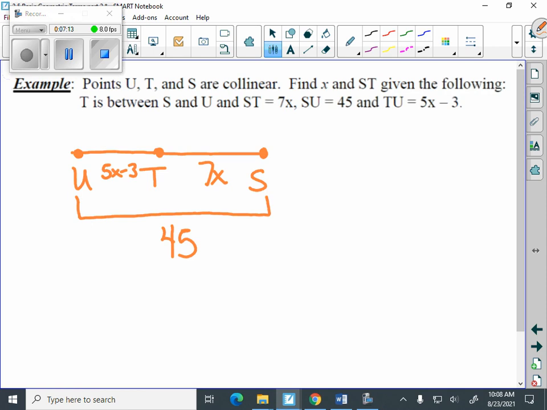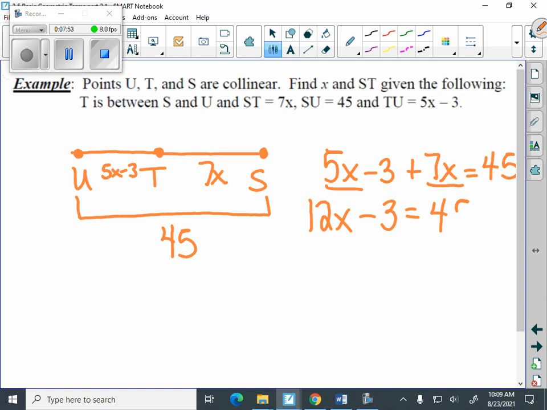Once again, the segment addition postulate says that we take the sum of the parts. If we add the parts up, it forms the entire segment. So we can take 5x minus 3 and add that to 7x, and we get 45. Now we can solve this. We combine like terms: 5x and 7x. 5 plus 7 is 12x, minus 3 equals 45.